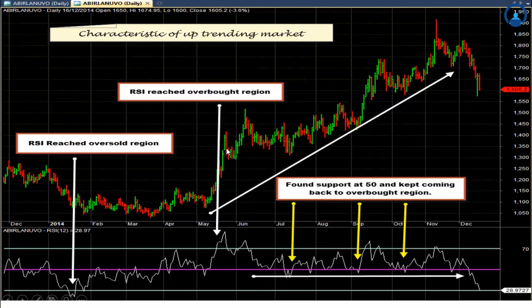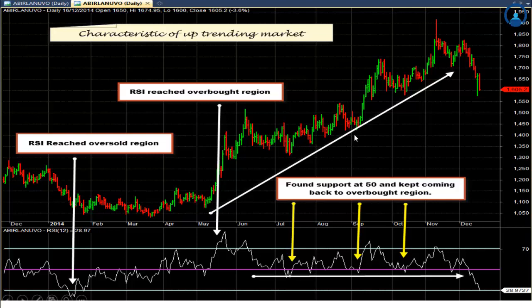From here, prices make a higher high, RSI fails to go any further, but then prices correct and consolidate for over a month. RSI reaches a level of below 50, finds support. You can see RSI is time and again finding support at the 50 level, and prices start to surge higher, or prices start to make higher bottoms.